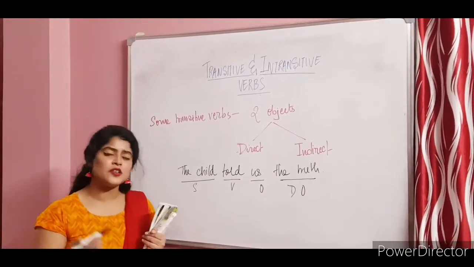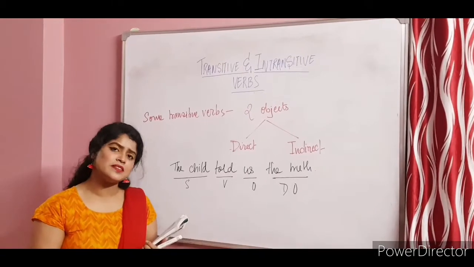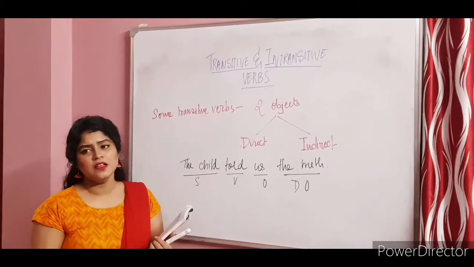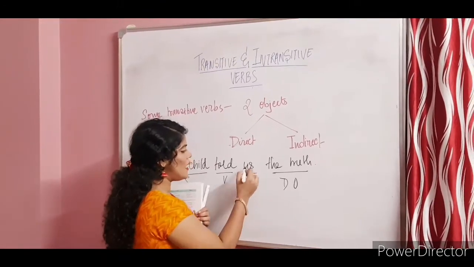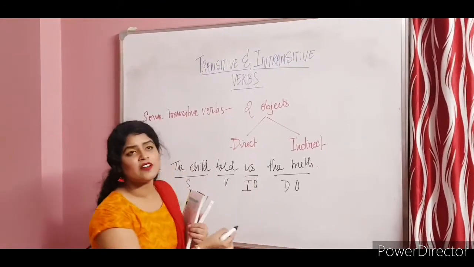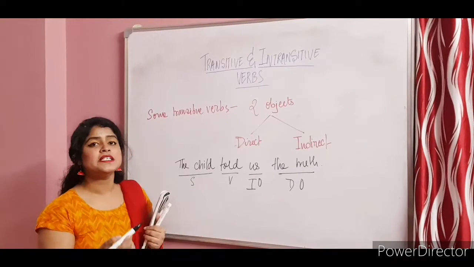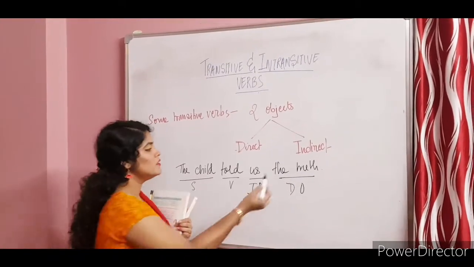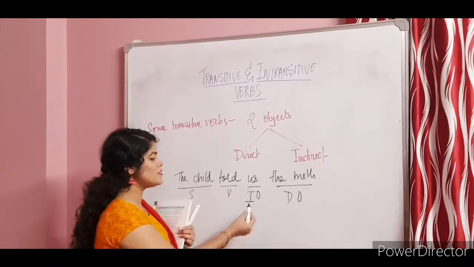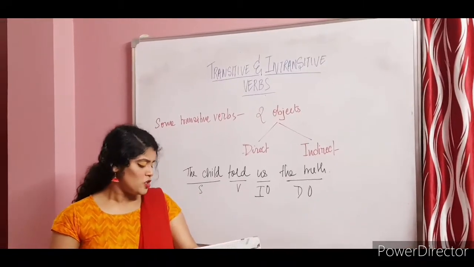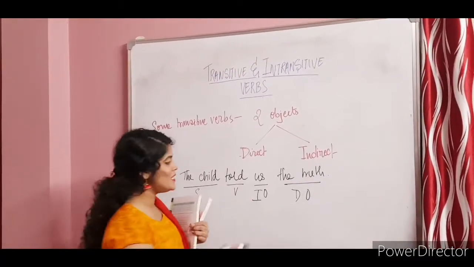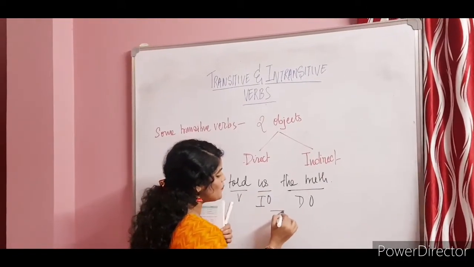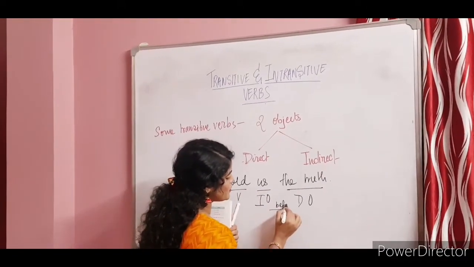You might answer that, you might not. That might be in a sentence, that might not be in a sentence. It doesn't matter. So here, when an extra object is there only to be specific regarding the direct object, then that is the indirect one. Usually the indirect object comes before the direct object.